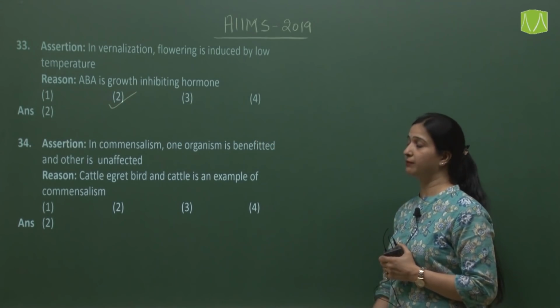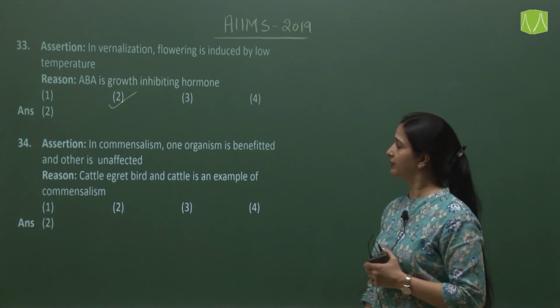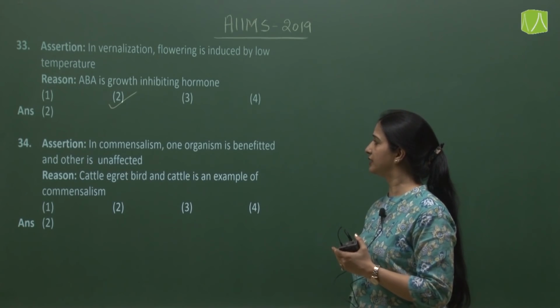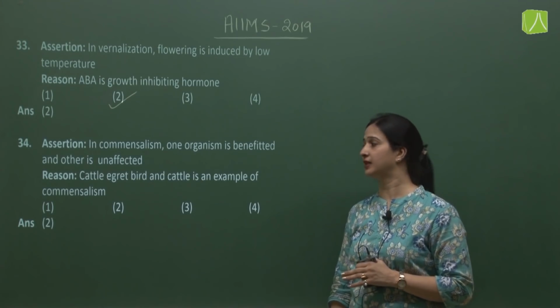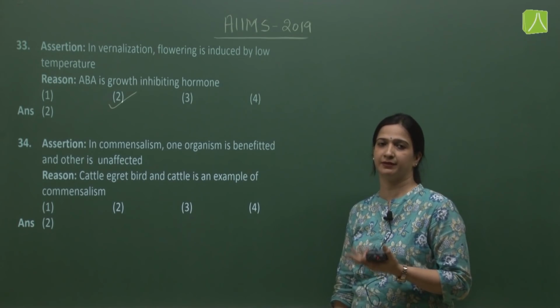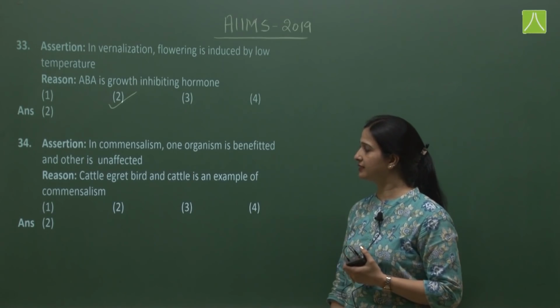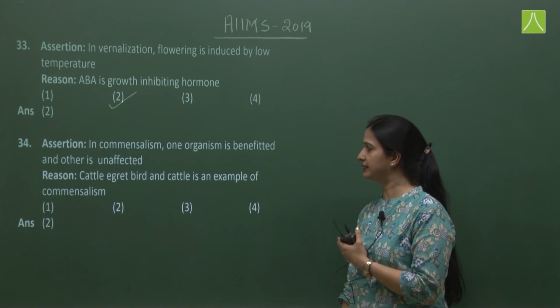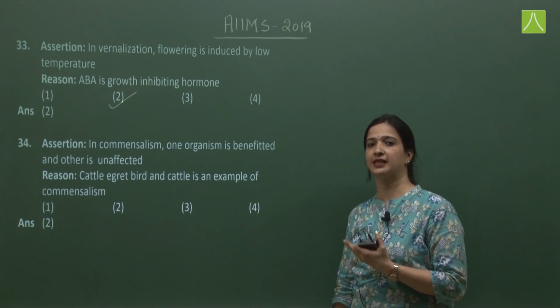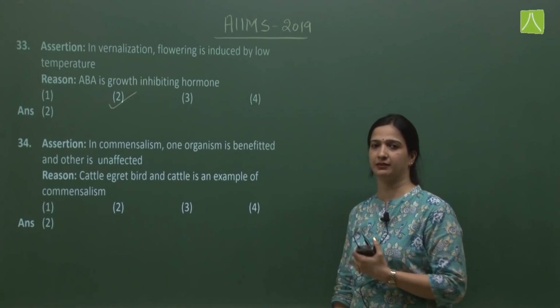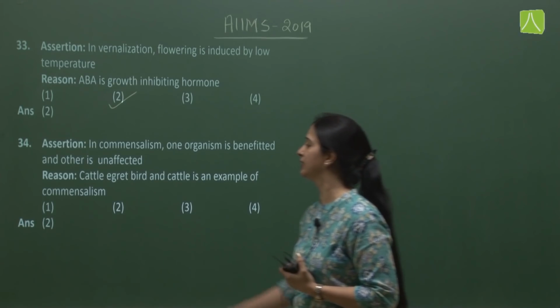If we look at question number 34, the assertion given here is, in commensalism, one organism is benefited and the other is unaffected. This is true. It is the defining property of the commensalism interaction. If we look at the reason, cattle and cattle egret bird, and cattle egret is an example of commensalism. It is just an example. It is not explaining the assertion. So here the correct answer will be second.